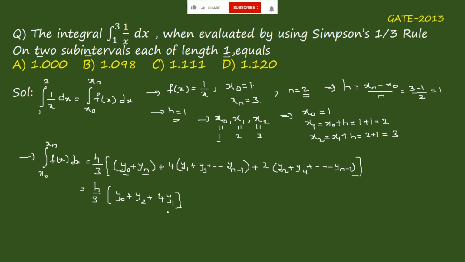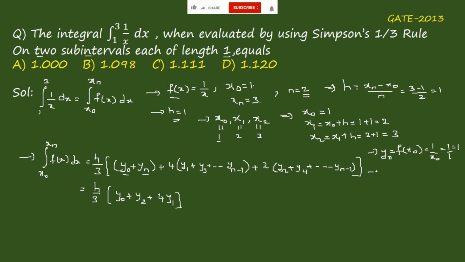So we have to find the values of y0, y1 and y2. First we will find the value of y0, which is equal to f of x0, right? We know f of x is 1 by x, so it becomes 1 by x0, which is 1 by 1, which is equal to 1.